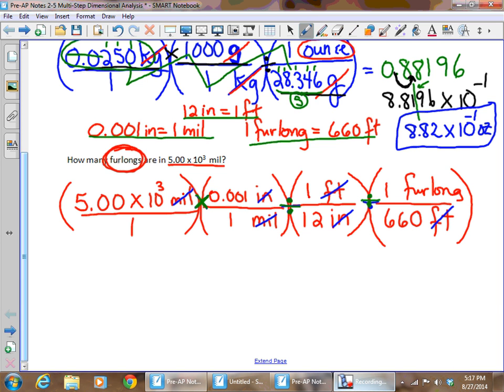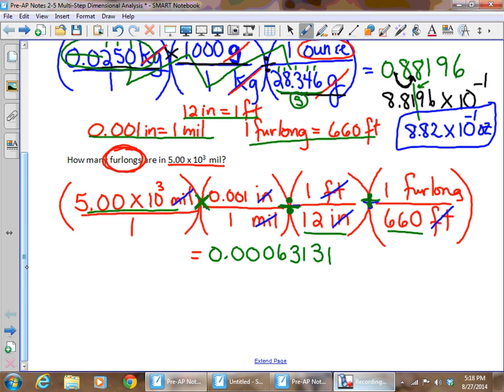I am going to take 5.00 times 10 to the third times 0.001 divided by 12 divided by 660. And when I do, I get 0.000633131.